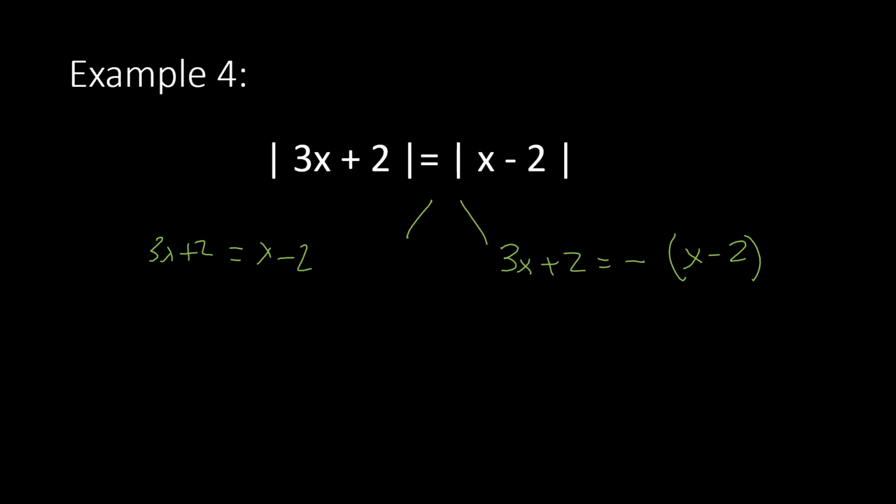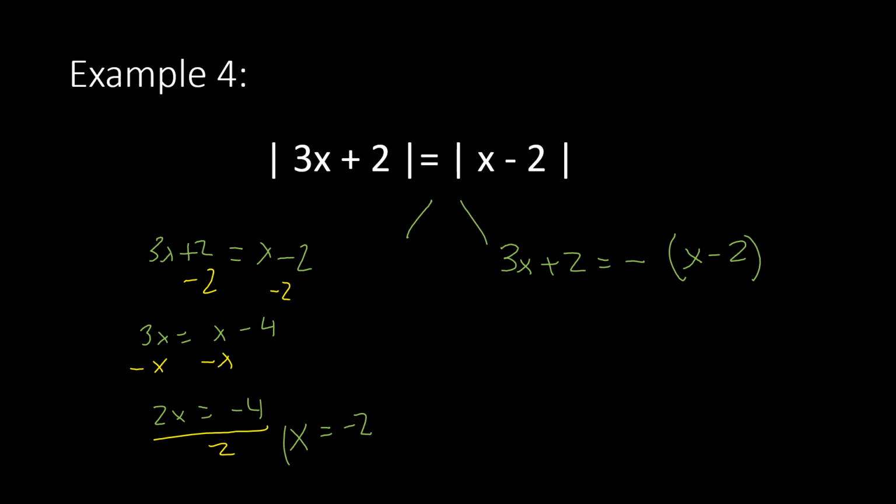So what you're going to do is subtract 2 on both sides, and you're left with 3x equals x minus 4. Then you subtract x on both sides, and you're left with 2x equals negative 4. And then finally you divide by 2, and you're left with x equals negative 2 as your answer.